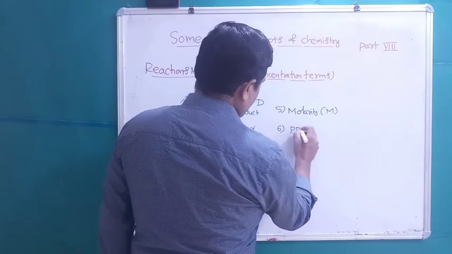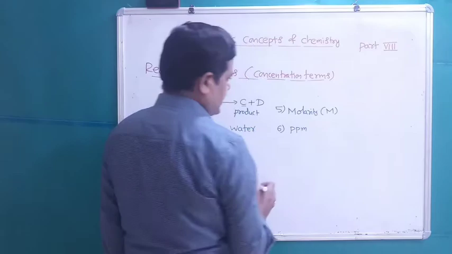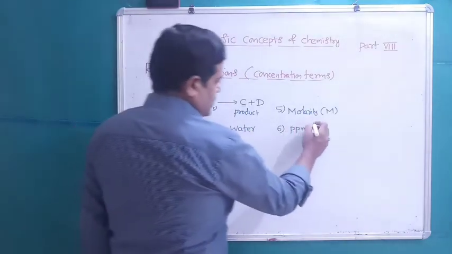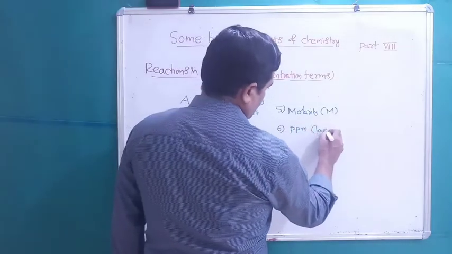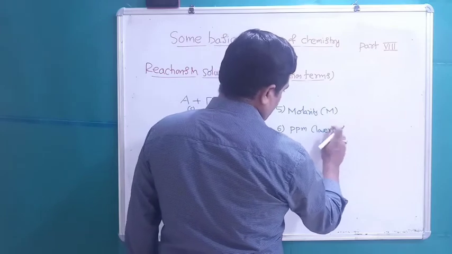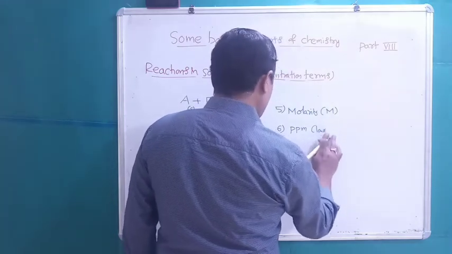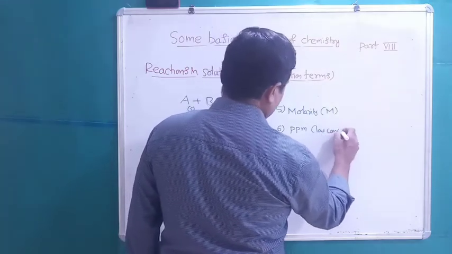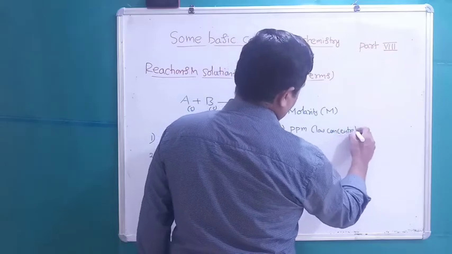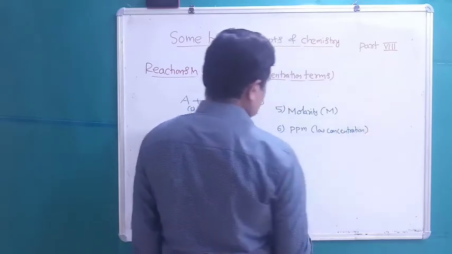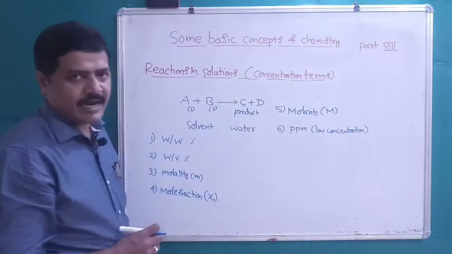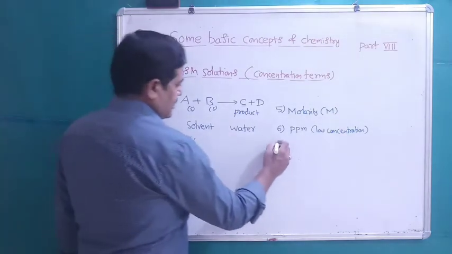Parts per million, ppm, is generally used for very low concentrations.